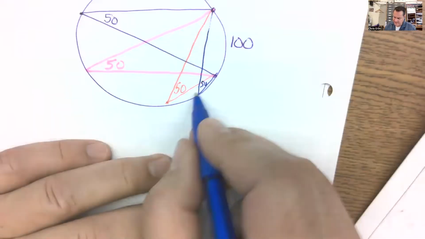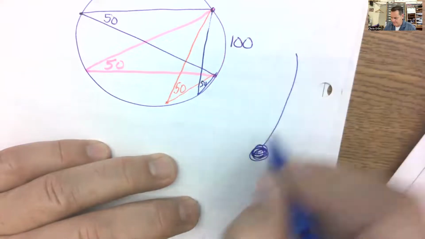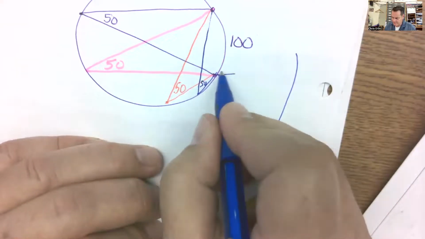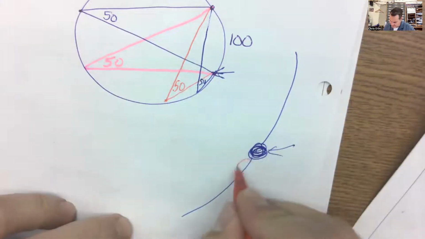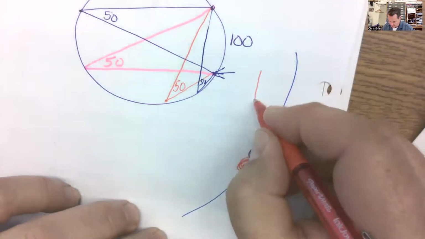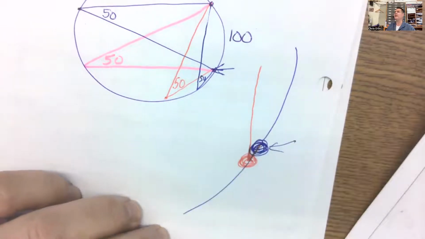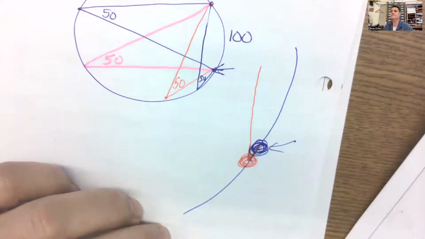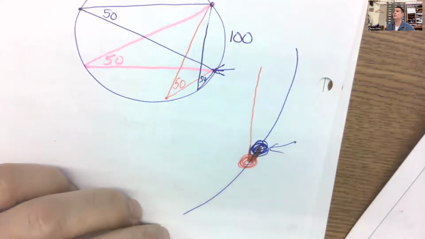What if I were to zoom myself in so that here's my bottom point down here, and I found the point that was right next to it, and I drew that chord over to this and then created my angle. Would that also be theoretically 50 degrees? Is that still an inscribed angle? It is. This leg of it is just super hard to see because it's just connecting 2 points.